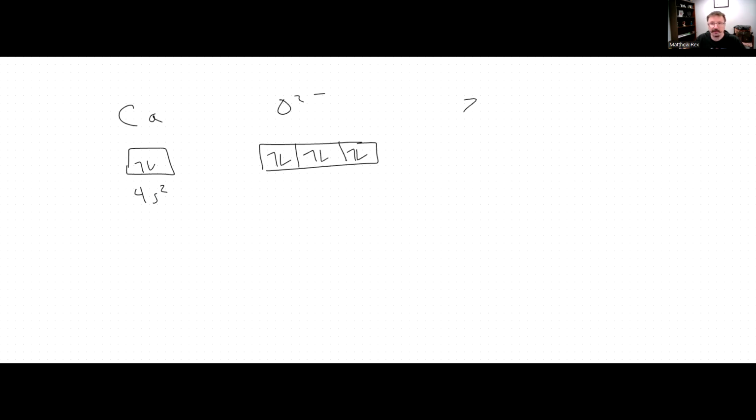For zinc 2 plus, there we are, 1, 2, 3, 4, 5, 6, 7, 8, 9, 10, 11, 12.